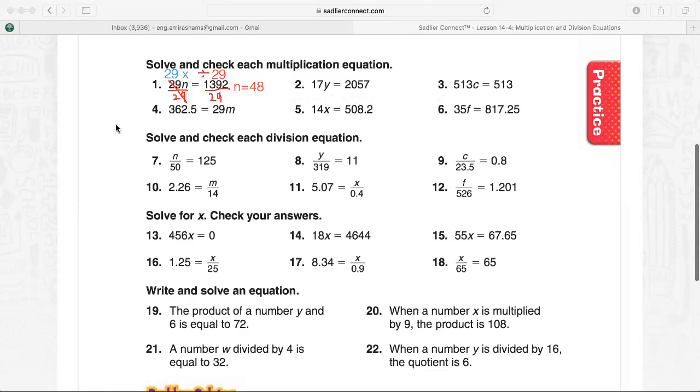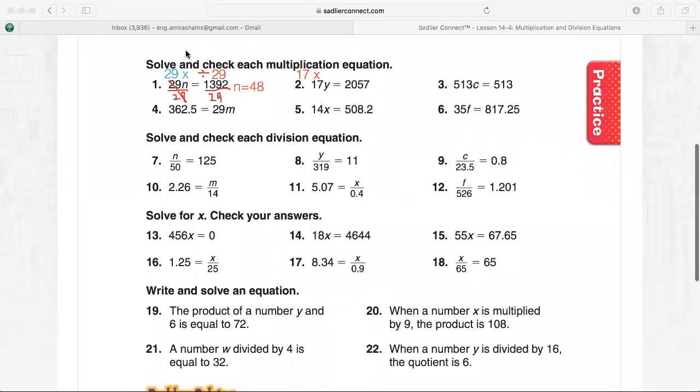Okay, girls, let's do the other one. Number 2. 17y is equal to 2057. Okay, what is 17y? 17y is 17 multiplied by y. What is the inverse of multiply? It is division, divide.